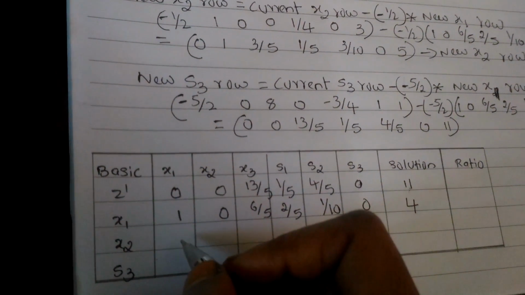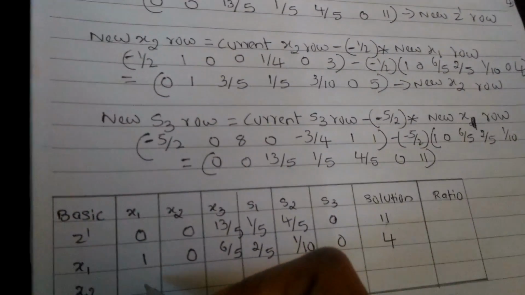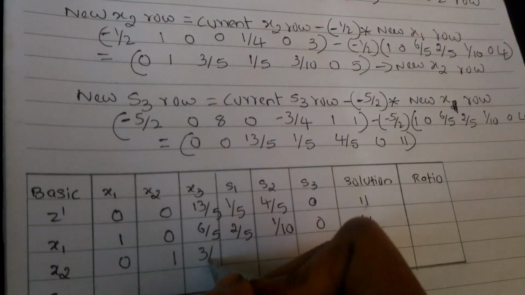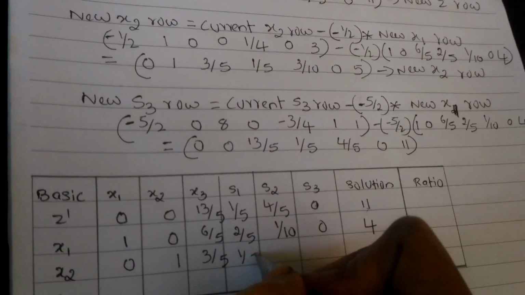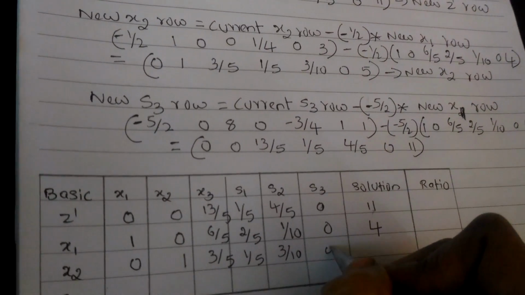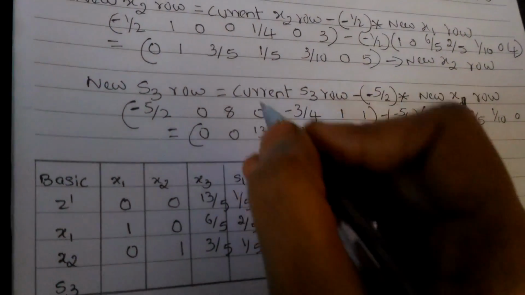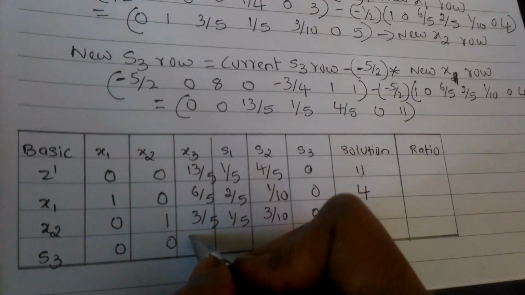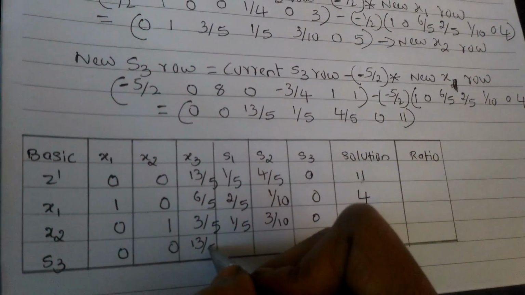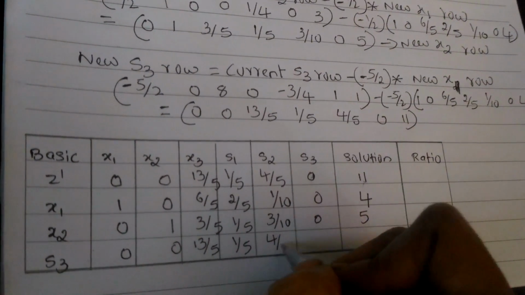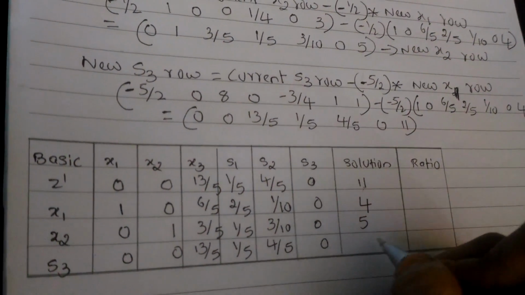Now the values of the new x2 row are 0, 1, 3 divided by 5, 1 divided by 5, 3 divided by 10, 0 and 5. Values of the new S3 row: 0, 0, 13 by 5, 1 divided by 5, 4 divided by 5, 0 and 11.